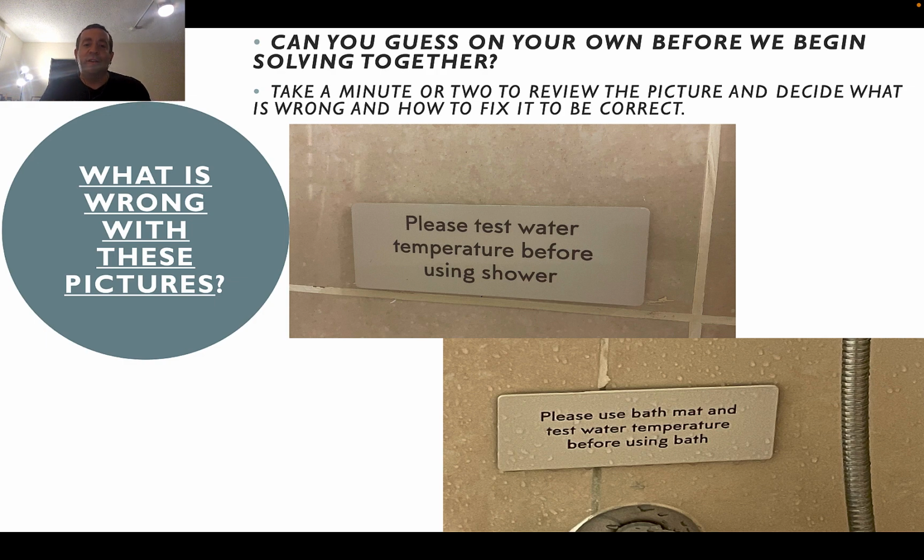All right, if you've taken the time, you've paused the video, you jotted down the fixes to the sentences. Now I'm going to read them out loud before we fix them together. I'm going to read the first one up here. Please test water temperature before using shower. One error that I forgot to mention: for a sign or a notice like this, it's not necessary, but you always want to have a period here.